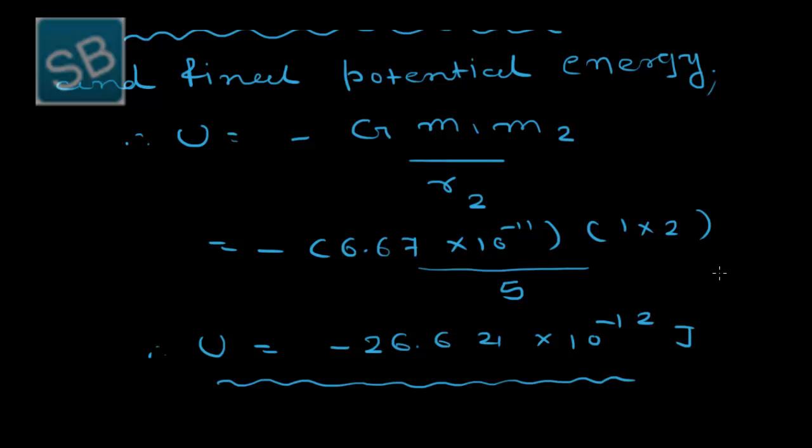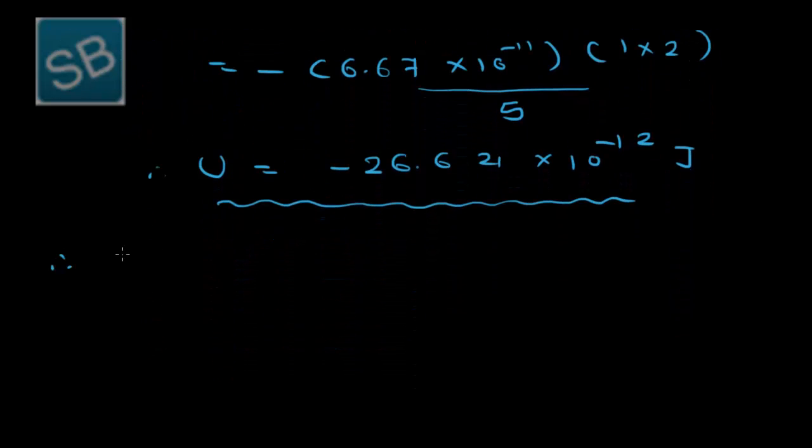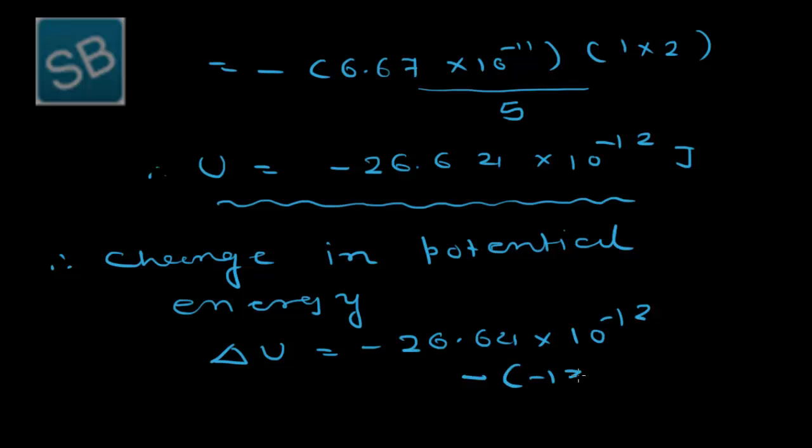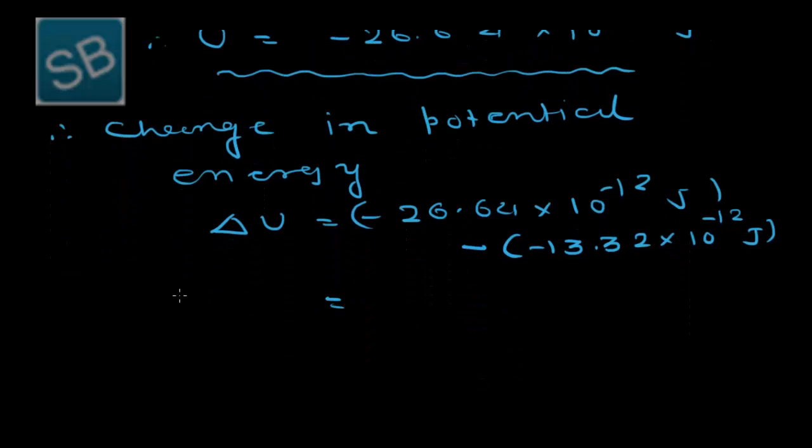Here the change in the potential energies occurred. Therefore, delta U is equal to minus 26.64 into 10 to power minus 12 minus the first value, minus 13.32 into 10 to power minus 12 joule. So the change in the potential energy comes out to be minus 13.32 into 10 to power minus 12 joule.